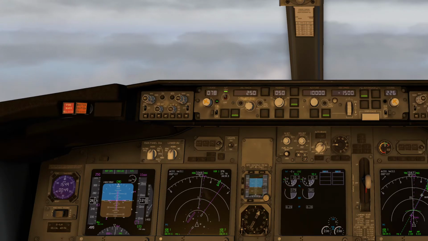Speed is decreasing slightly, 260. We can set 240 as the target speed. 1 dot deviation, we will soon turn right.